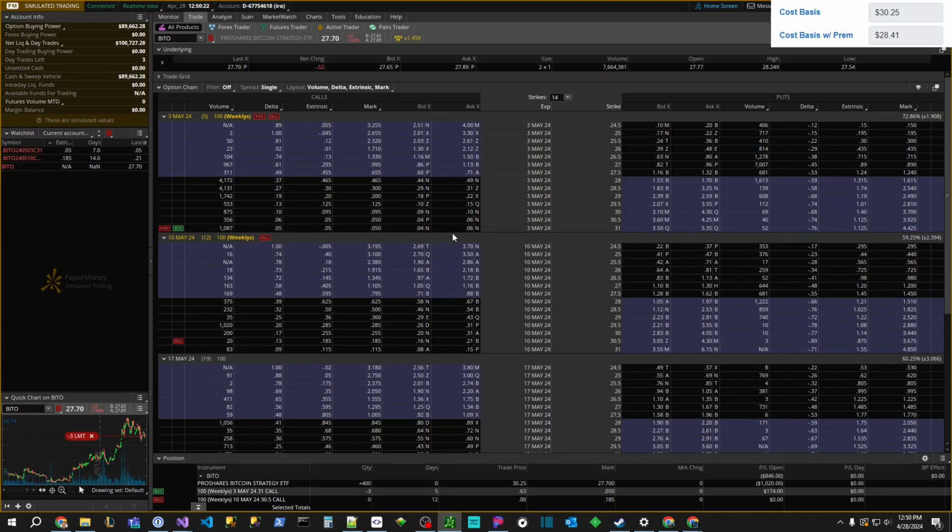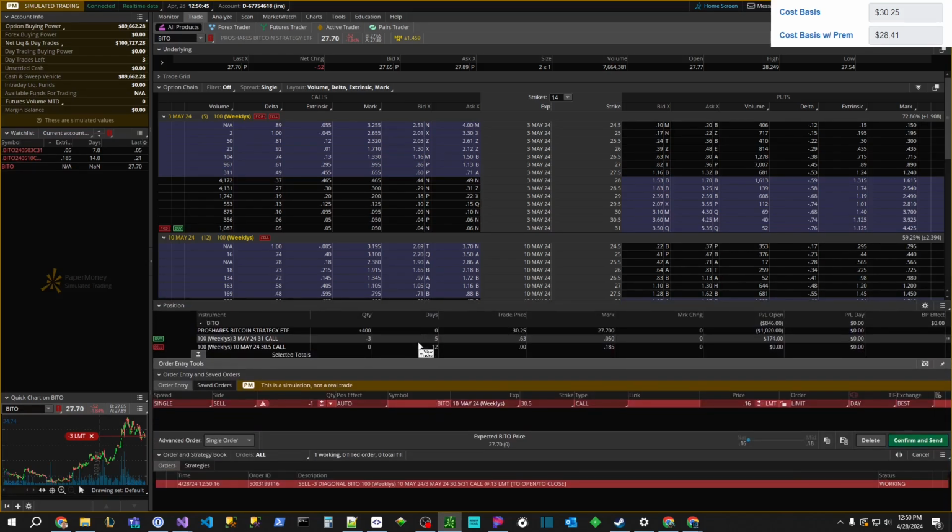So what we need to do now is account for that 4th contract that we just got assigned this past Friday. All right, so we went out to May 10th, which is this order right here. So we're buying this one back and we're selling this one instead. And we need to sell another one too, to account for that 4th contract.